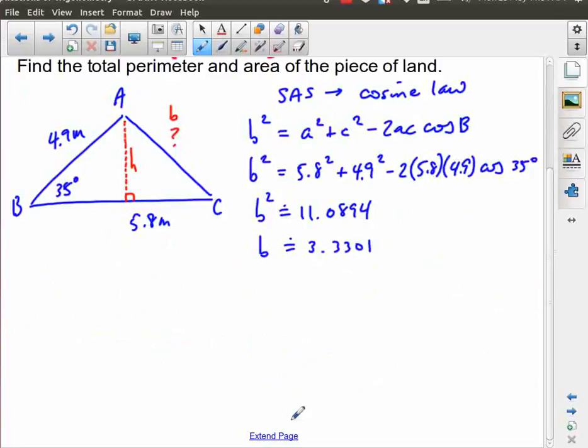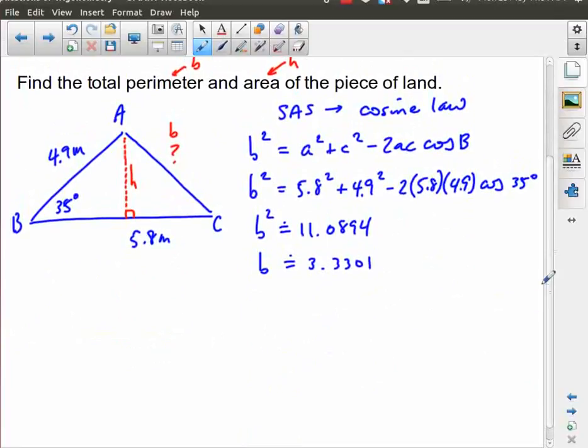Now, when I write my concluding statement, I'm going to probably round to 1 decimal place. So 4 decimal places here is plenty. Now I'm not going to use this number for calculating the area anyway. That's a separate calculation. So now I can finish that off and say, okay, perimeter is equal to 4.9 plus 5.8 plus, rounding to 1 decimal place, 3.3301, and that's approximate.